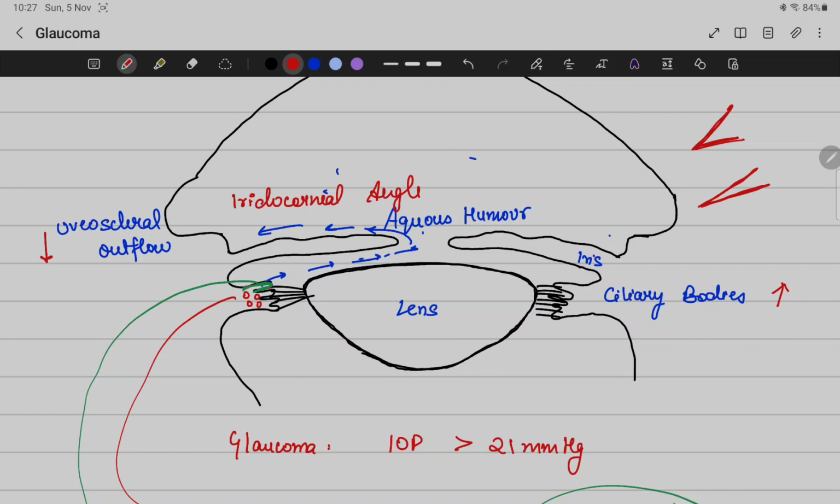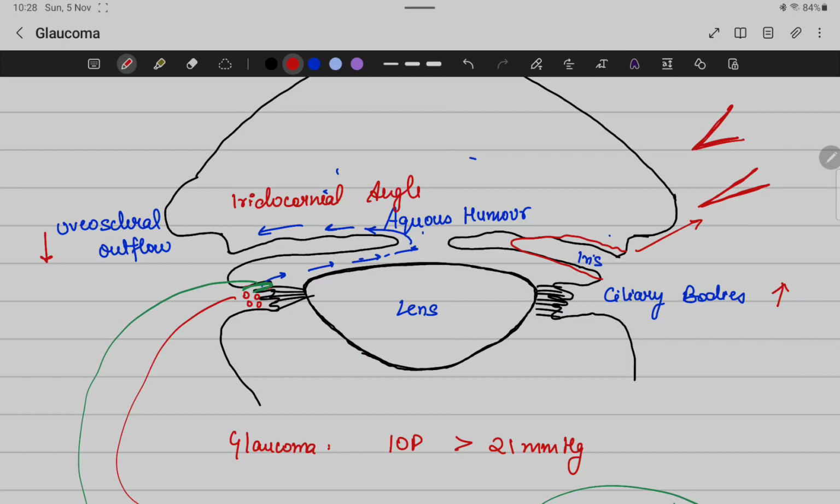So you should know that whenever your pupil size increases, your iris actually kind of sags down here. So it sags down here and it narrows down the angle.